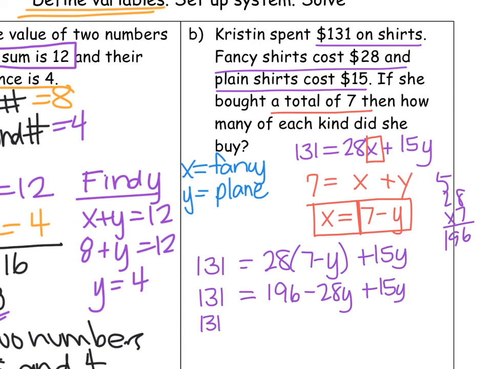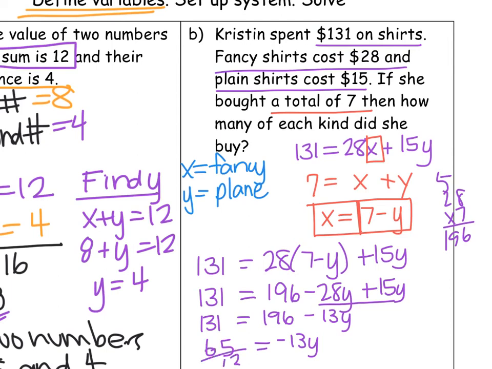So same thing, 131 equals 196. We're going to combine like terms, and that's going to give us a negative 13y. Subtract 196 from each side, and 131 minus 196 is negative 65.